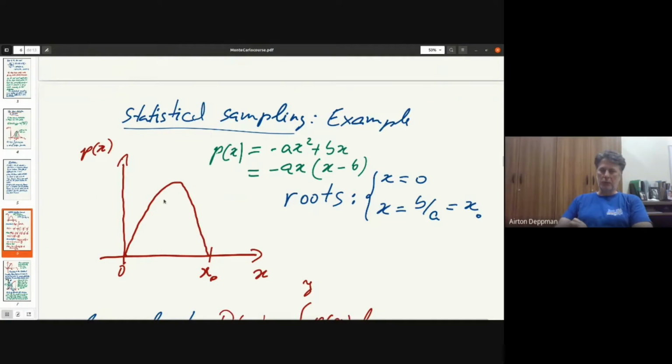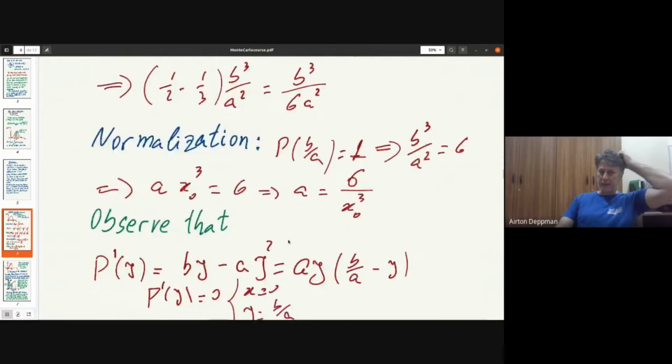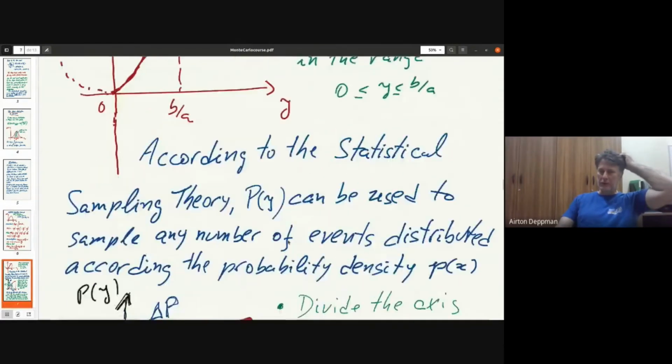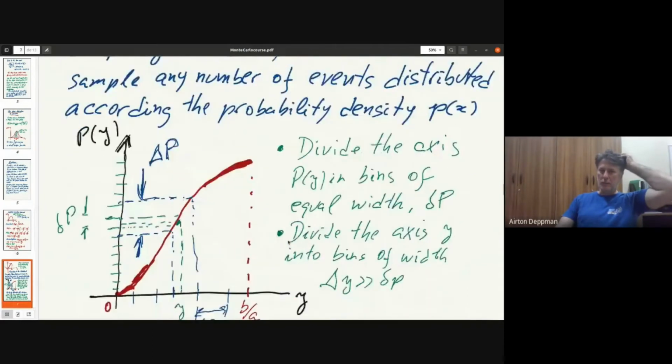They will have a peak at the same point, and will be 0 here, and 0 everywhere else. Okay, so let's see how to do it in practice.